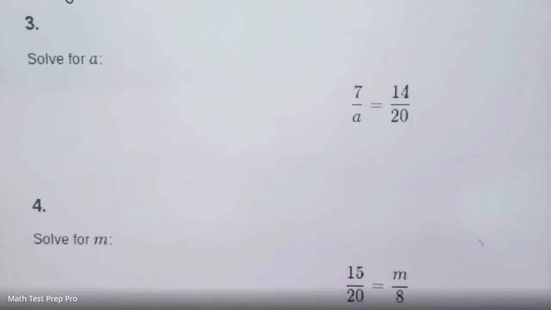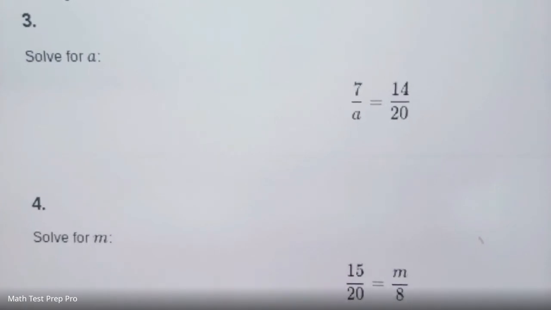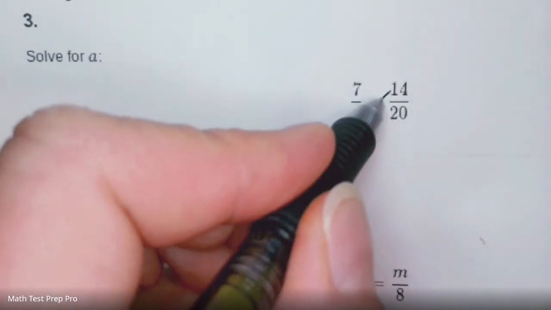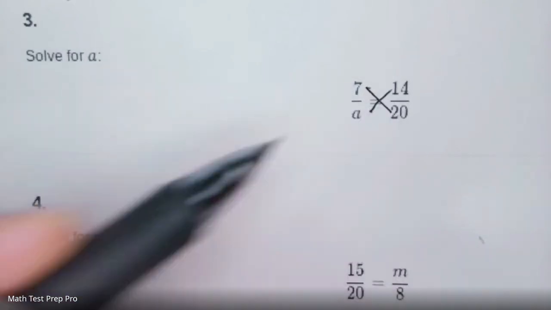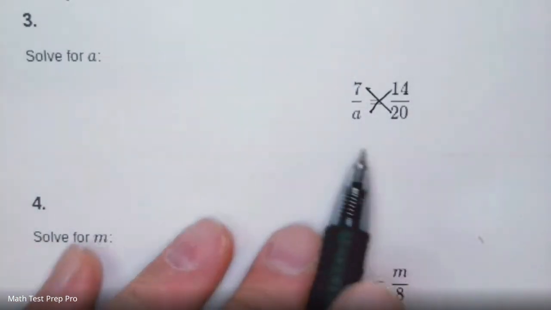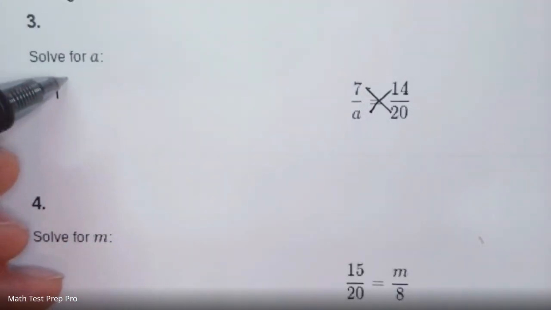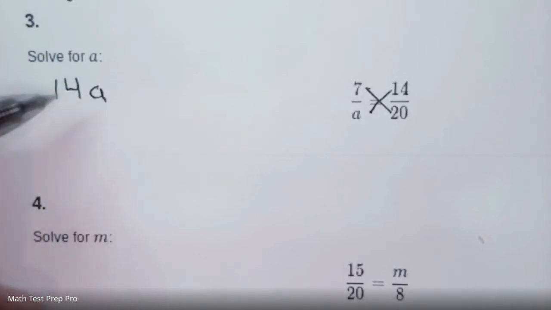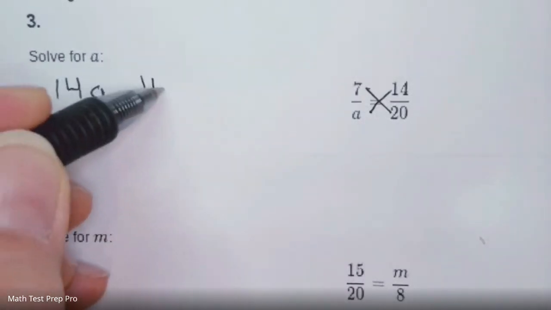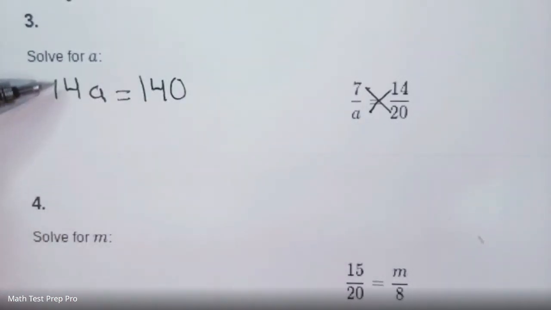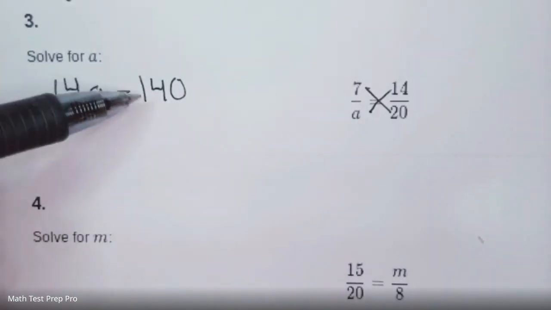Number 3, it says solve for a. So we're going to do the same thing. Cross multiply. Multiply that by that, so it's going to be 14 times a, 14a, equal to 7 times 20, which is 140. Same deal. 14 times a equals 140.